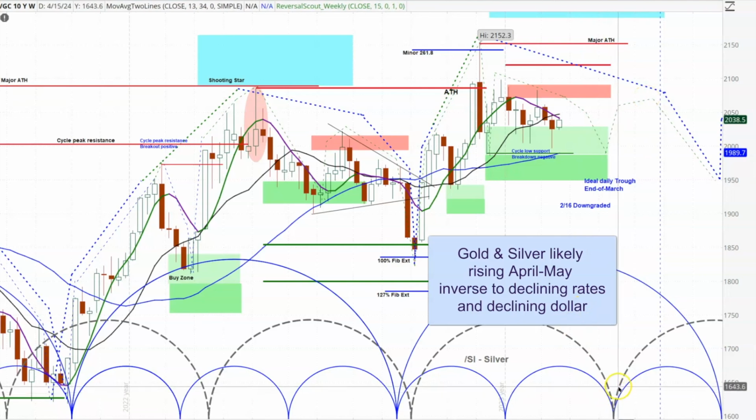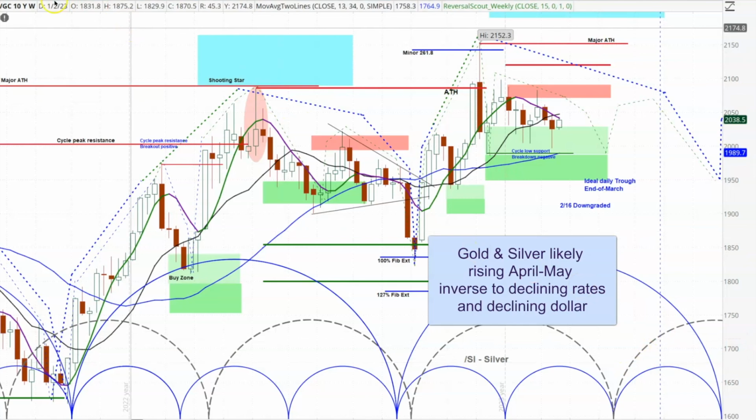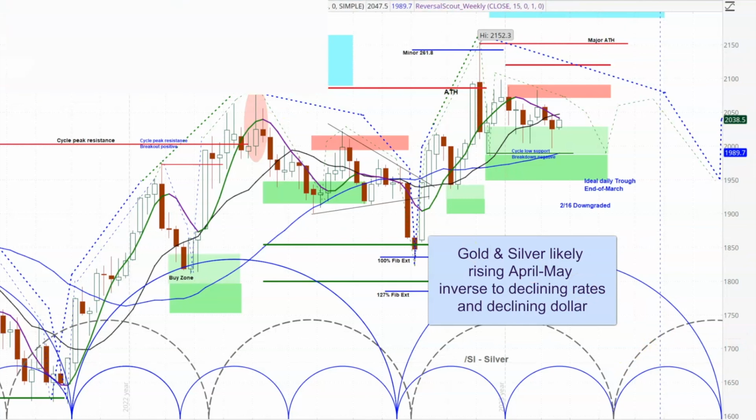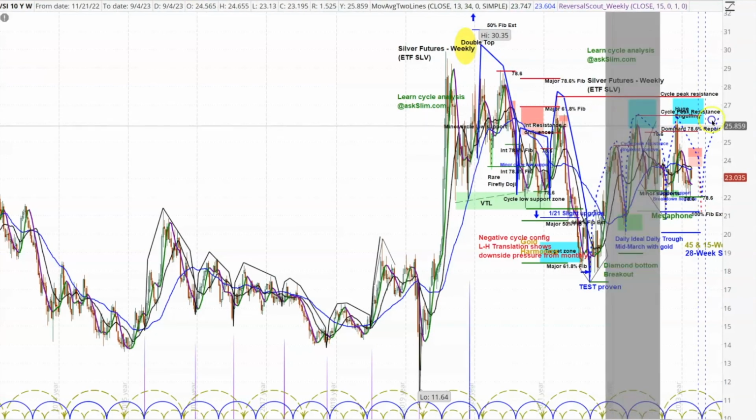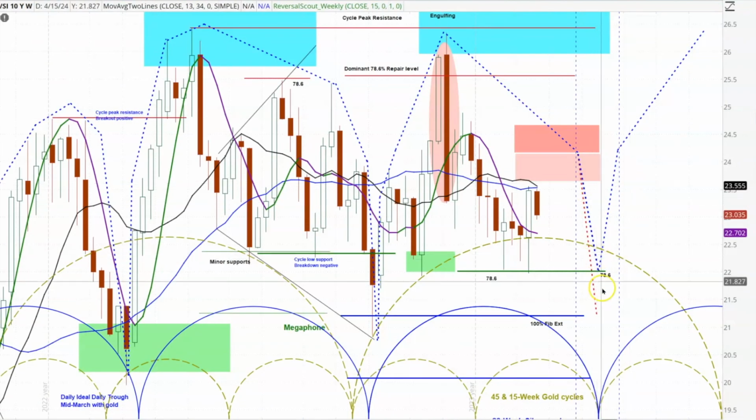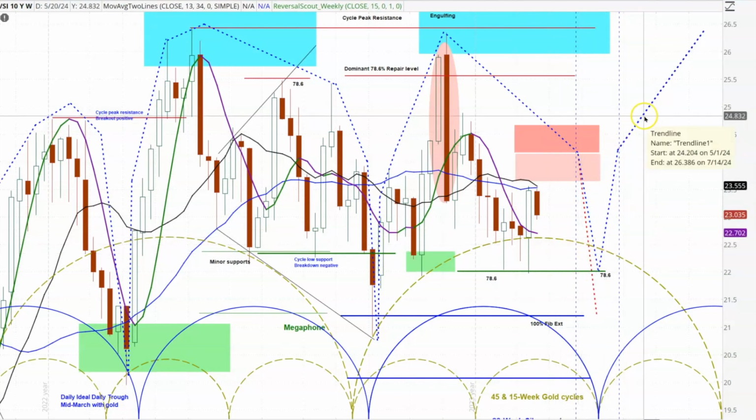We look over here, this is the silver, and the silver is expected to move up during that same time frame. Let's go over here /SI, and you can see silver moving up during that same time frame. Right over here, this is April and May, and silver completing this correction before that during the March period into April, and then moving up right over there.